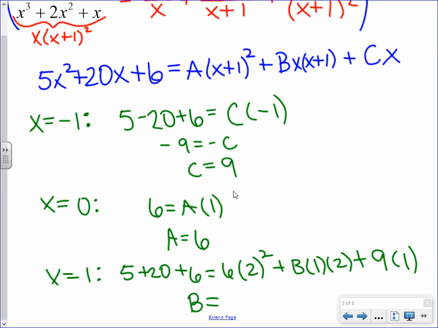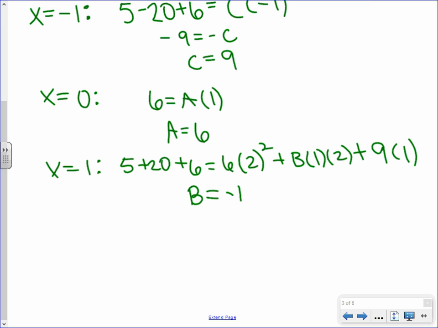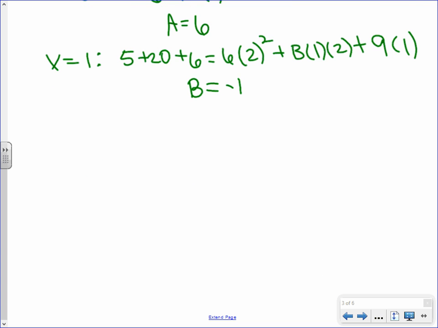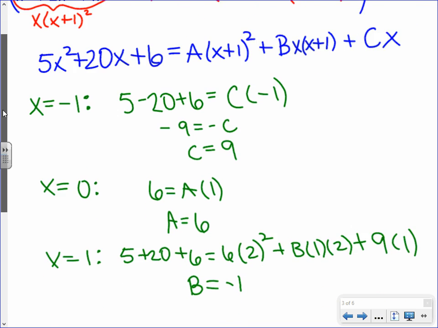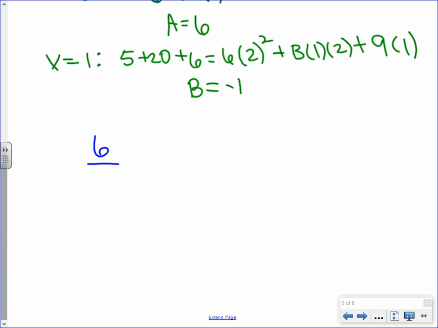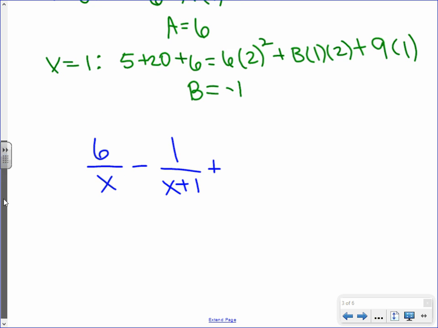All right, can someone tell me what they got for B? -1. So when we go to write our answer, we have A over x plus 1, so I'm just going to write -1 over x plus 1, plus C over x plus 1, the quantity squared, so plus 9 over x plus 1, the quantity squared.